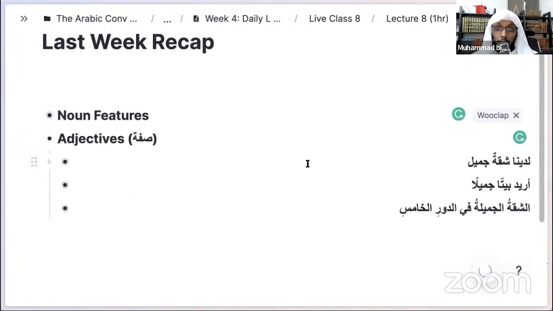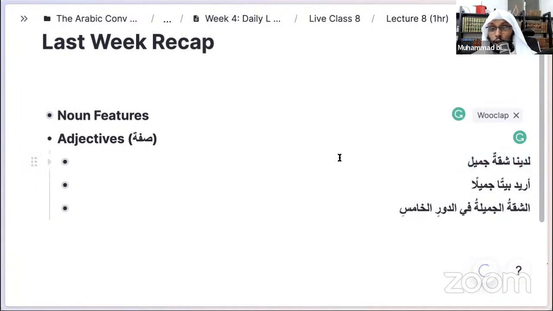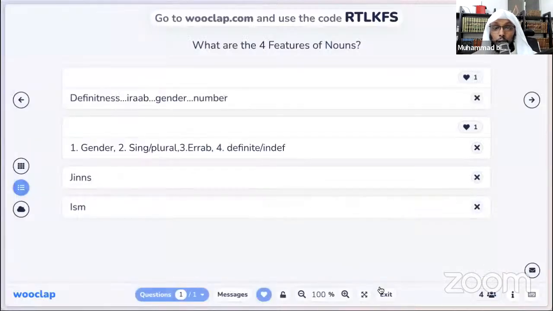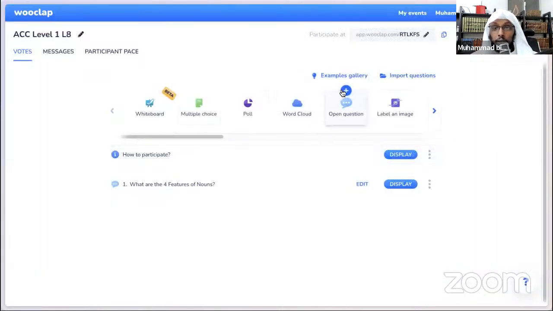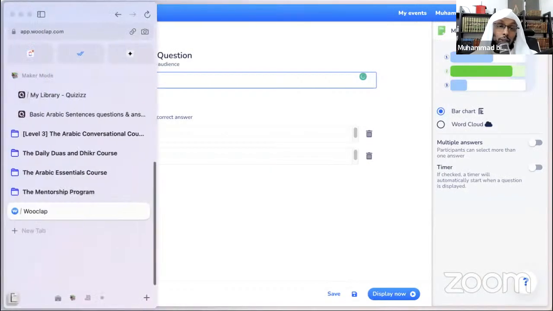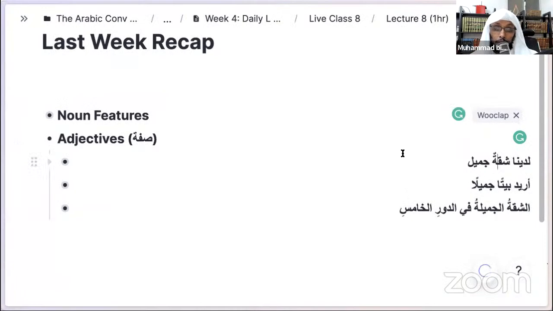So let's do some practice on that. We have here a sentence in the Arabic language: لدينا شقة جميل. So I want you to tell me where the agreement is. Let's do multiple choice. Obviously shaqqatun is the noun and jamil is the adjective, right?